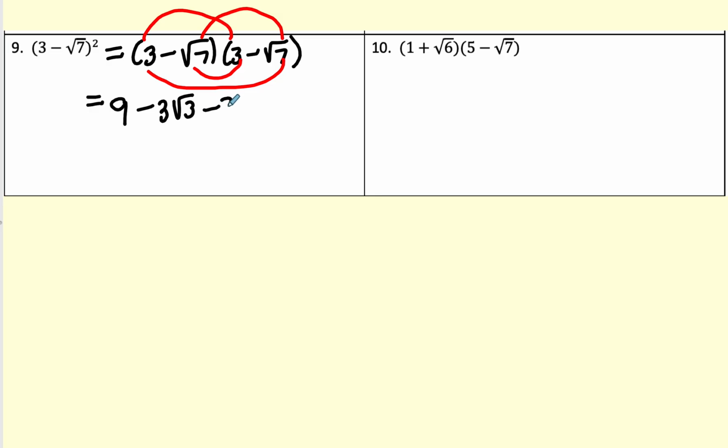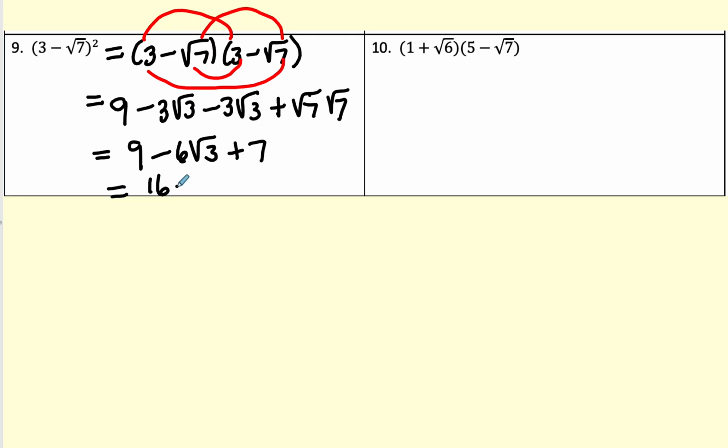Inner will be minus 3 root 7. And last will be positive root 7 times root 7. And so this is going to be 9, take away 6 root 7. And remember, this is doubled, so I can say plus 7. And so the answer is 16 minus 6 root 7.